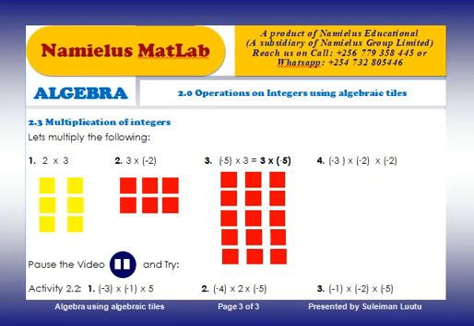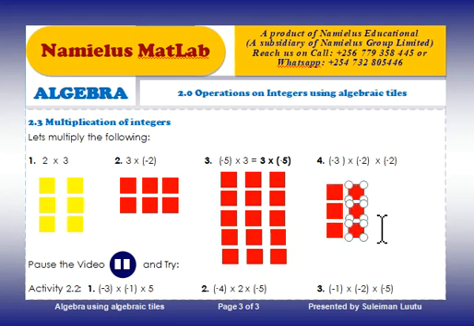We are saying we have -3, 2 times, but -2 times.